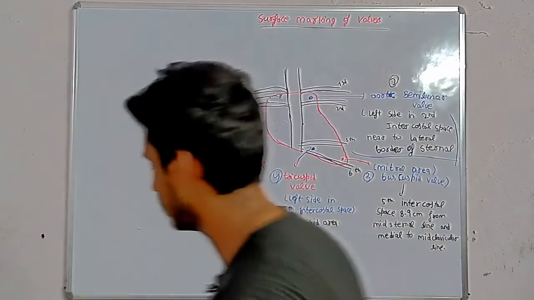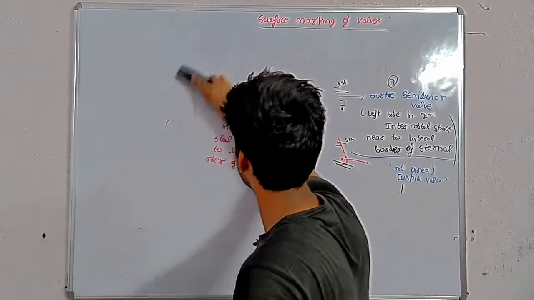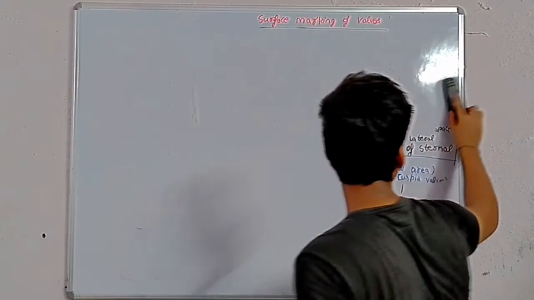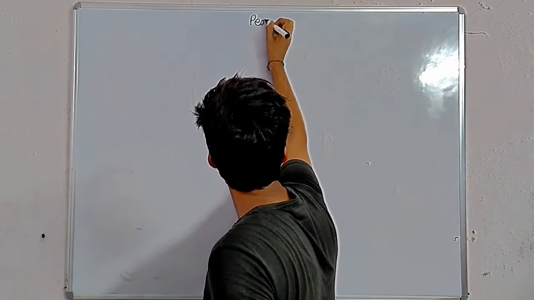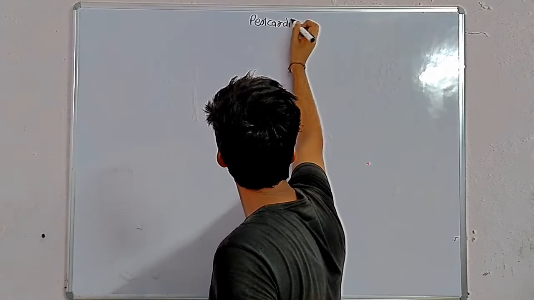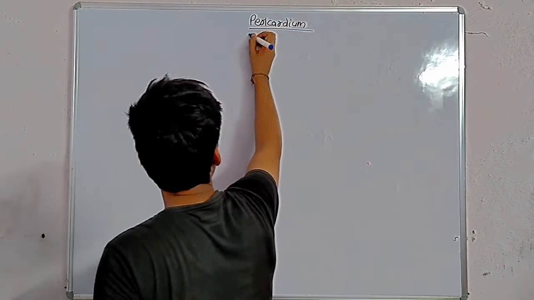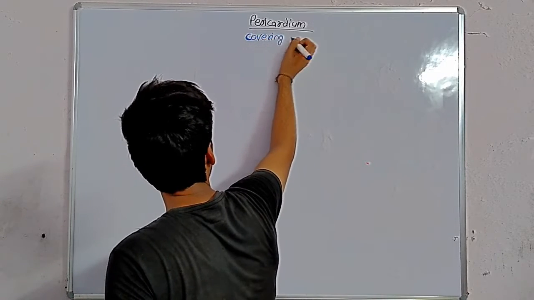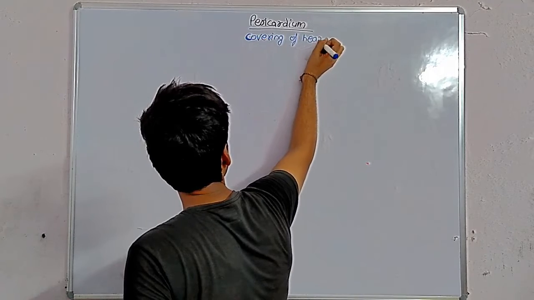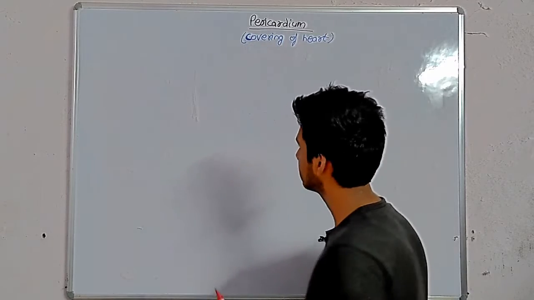The next part of the heart is the pericardium. The pericardium is just the covering of the heart. The heart has 3-layer covering.